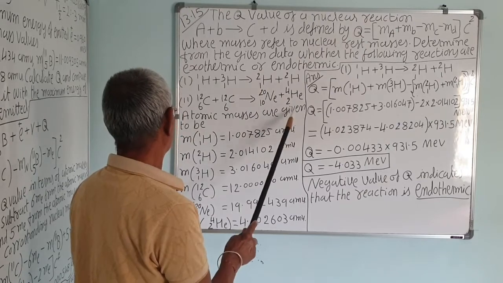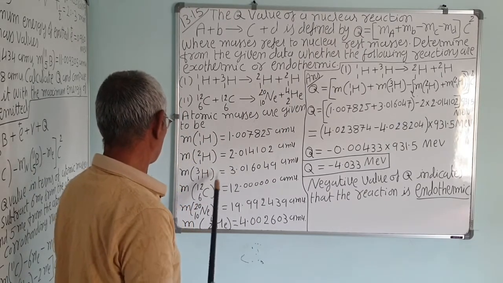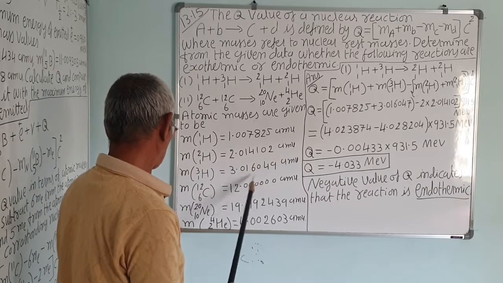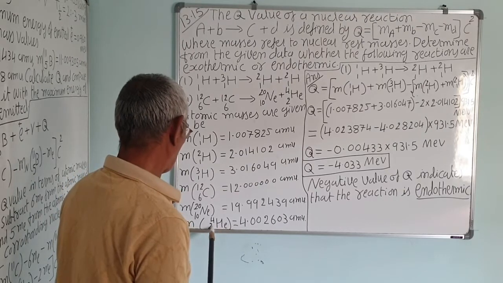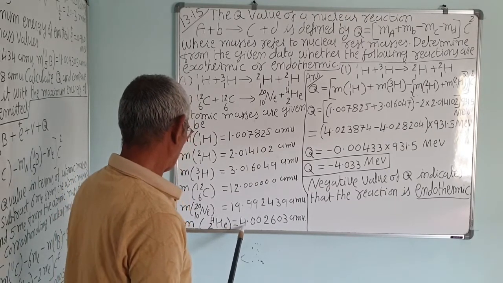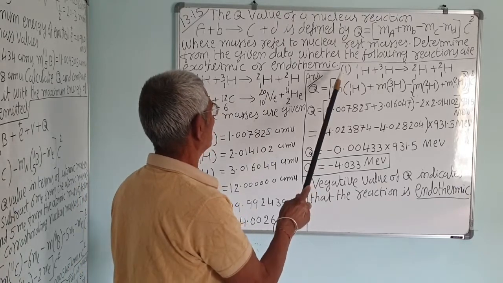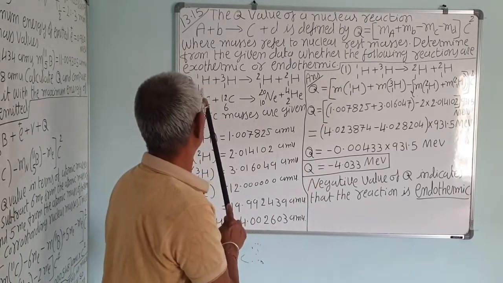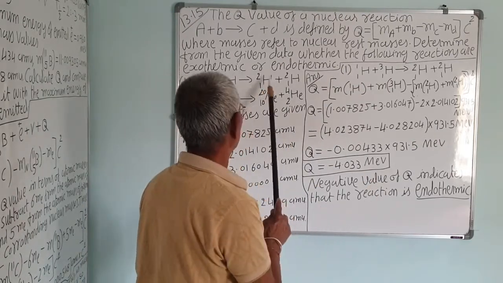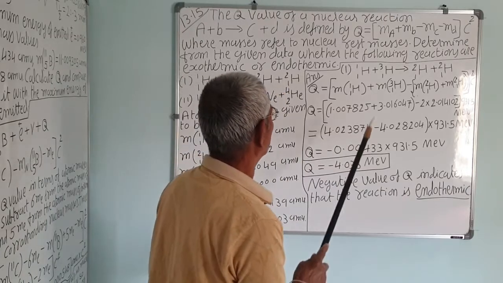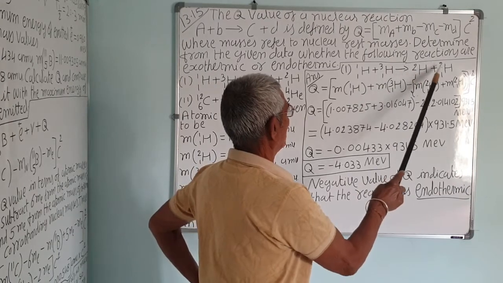The atomic masses of hydrogen, deuterium, tritium, carbon, neon and He24 are all given, so you put these values in the equation. First equation: H11 plus H13 gives H12 plus H12, that is two atoms of deuterium.